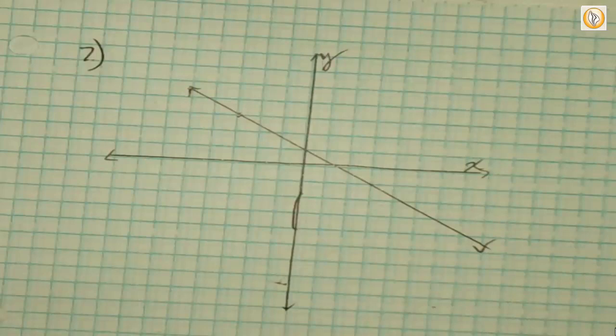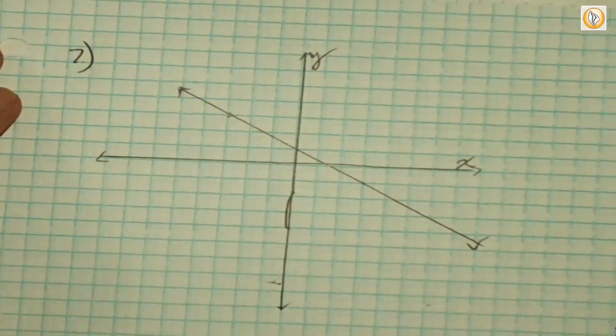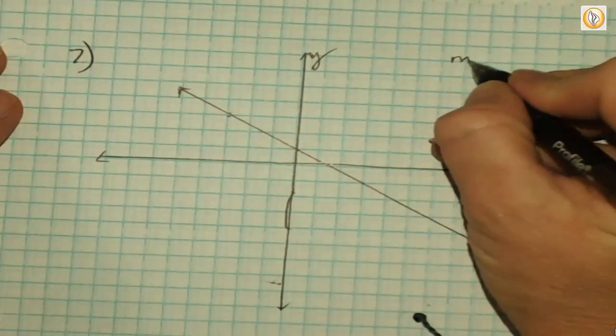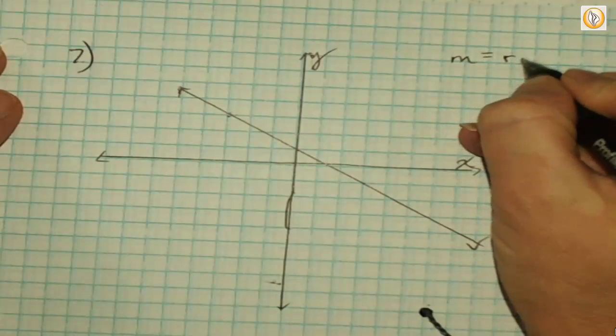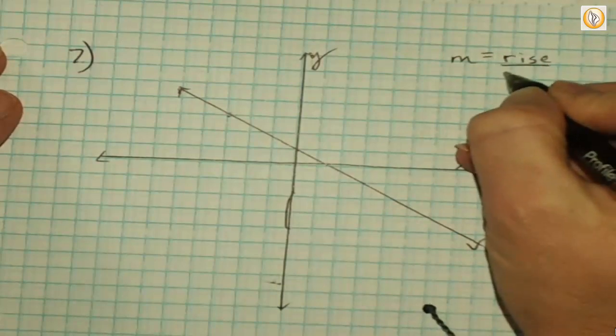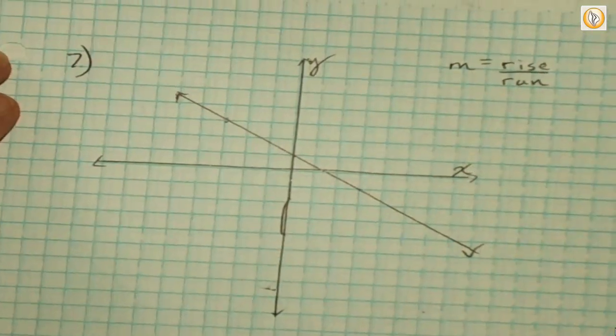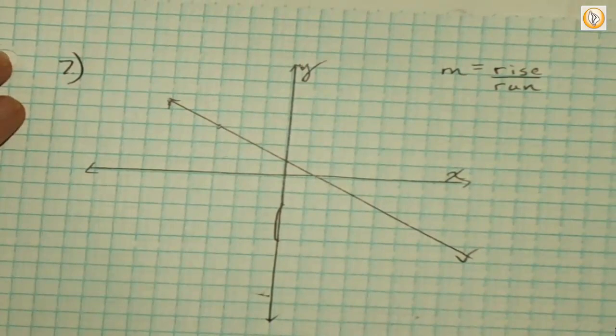So when looking for the question, the directions say find the slope of each line. Those of you that are absolutely new to school and those of you that have forgotten, pay very close attention. You will get this. If you recall, the formula is rise over run.